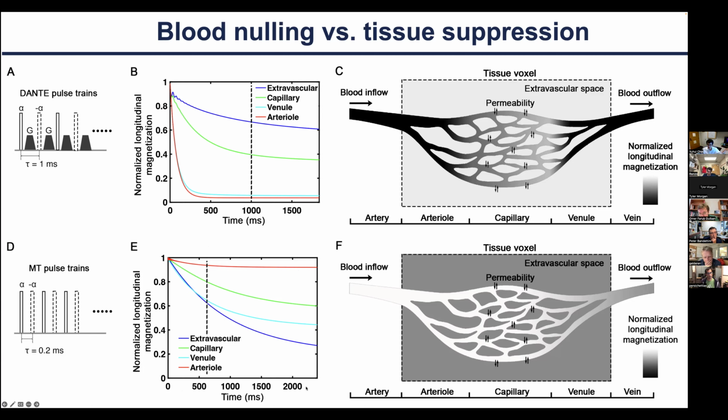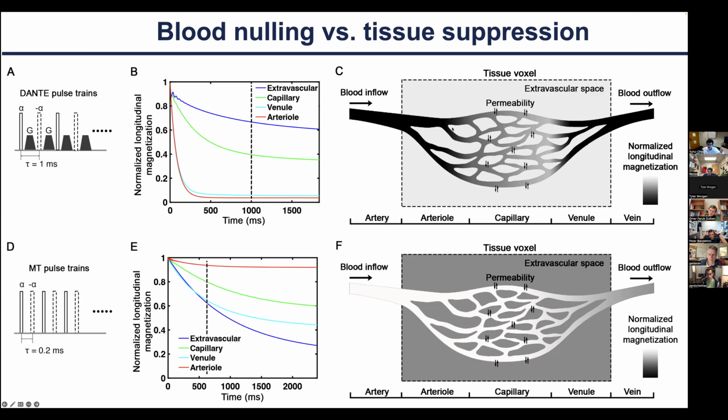So theoretically, if we are not limited by SAR, we can apply more and more MT pulses to suppress the tissue to a very low level, while the blood still stays as a very high signal. But in reality, because we are doing experiments in humans and we are limited by SAR and by time, we will stop in the middle, but the tissue signal will still be relatively suppressed compared to blood. So this suppression effect determines how much we can enhance the sensitivity.